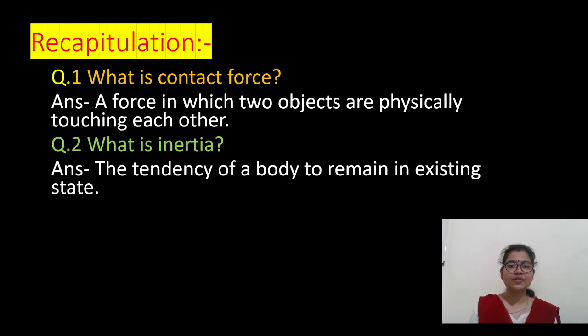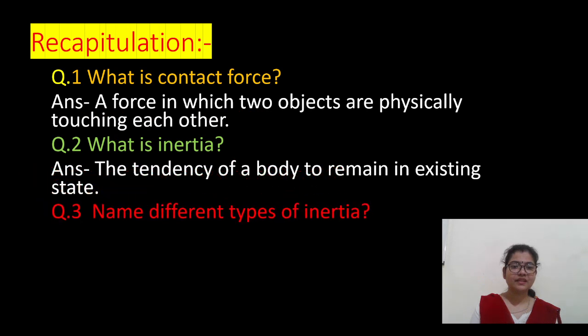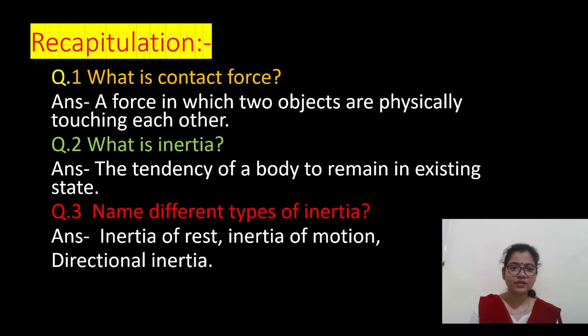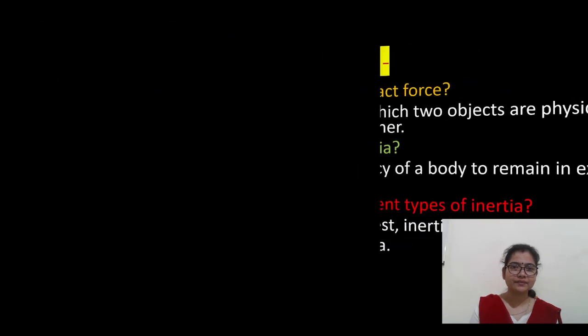The tendency of a body to remain in its existing state. Name the different types of inertia we have learned earlier. Inertia of rest, inertia of motion, and directional inertia.